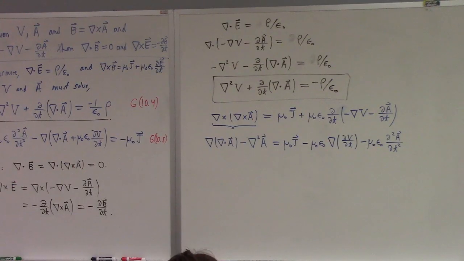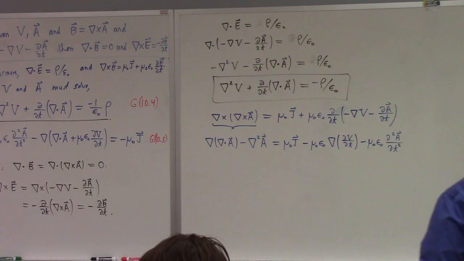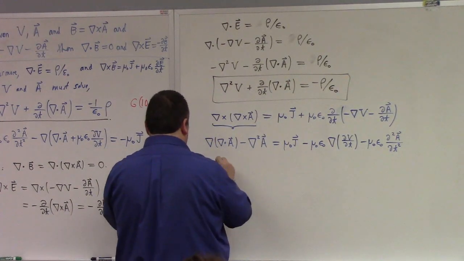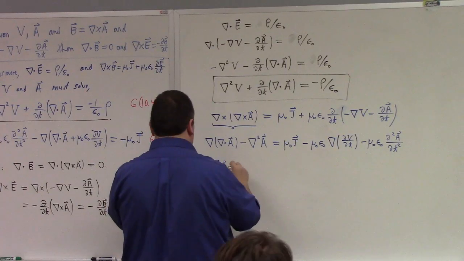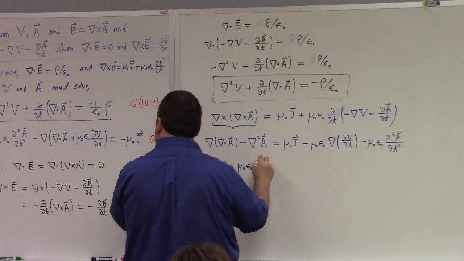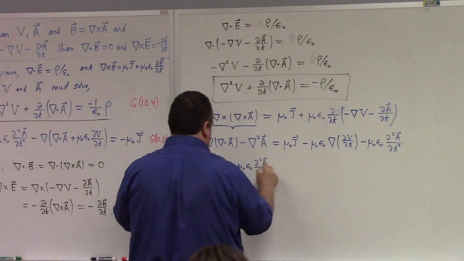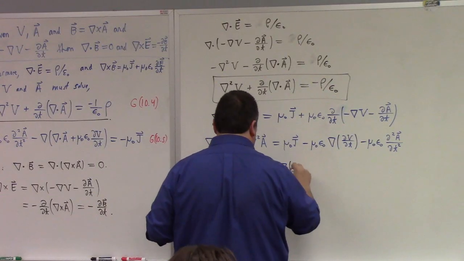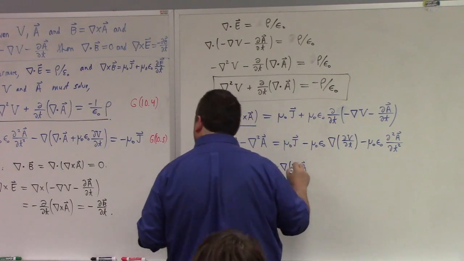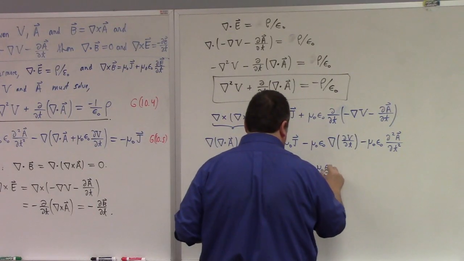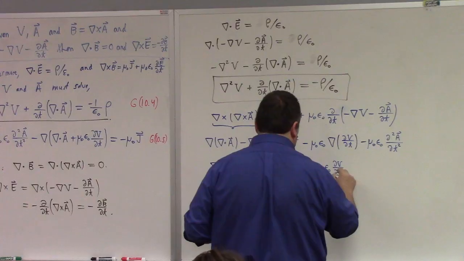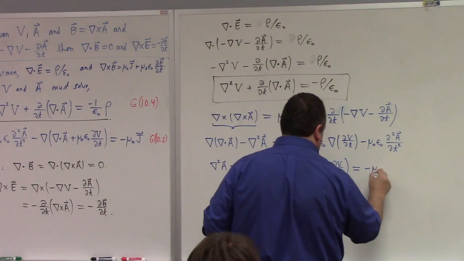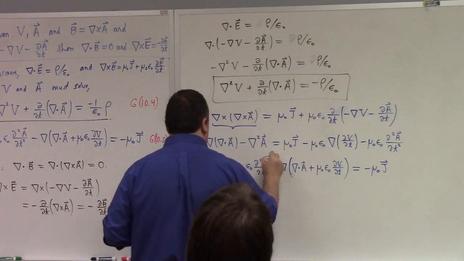Lo and behold, this brings us to nabla squared A minus mu naught epsilon naught partial squared A partial t squared minus the gradient of the divergence of A plus mu naught epsilon naught partial V partial t, close parentheses, equal to minus mu naught J. And there you go.